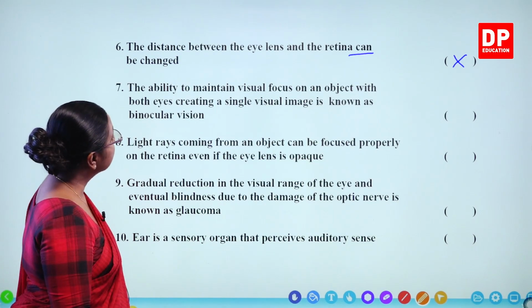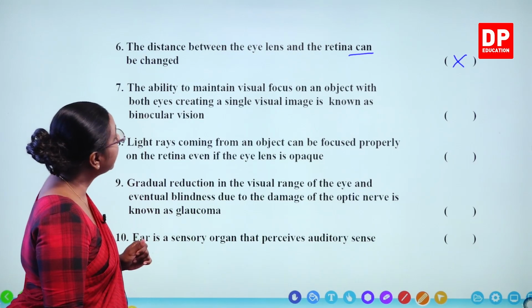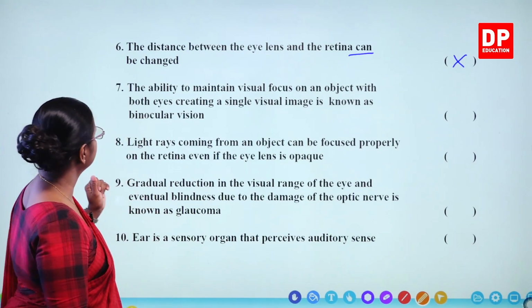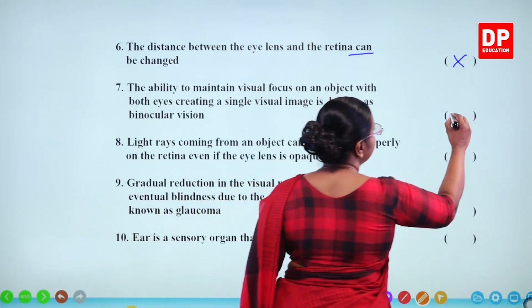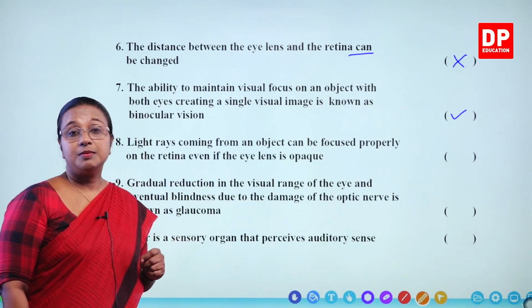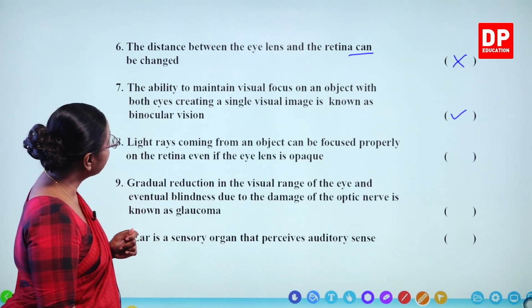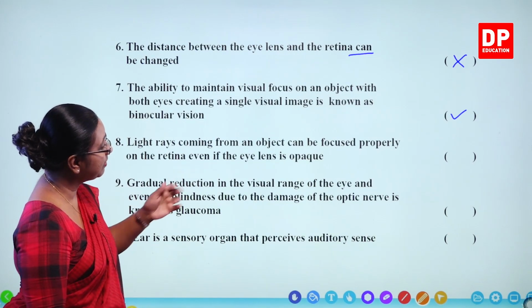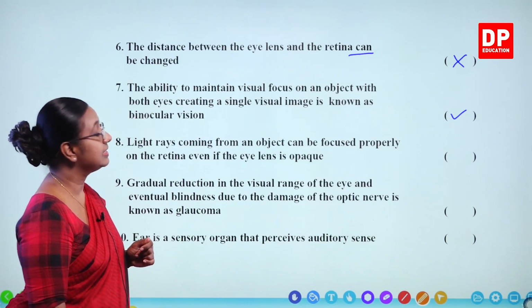The ability to maintain visual focus on an object with both eyes, creating a single visual image, is known as binocular vision. That is correct. That is the explanation or definition for binocular vision. Then the 8th one. Light rays coming from an object can be focused properly on the retina even if the eye lens is opaque.